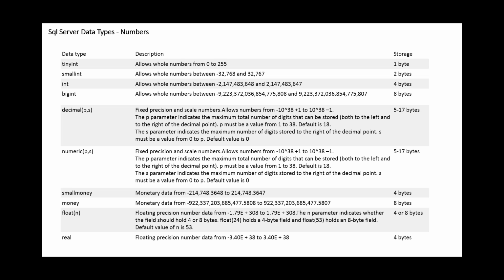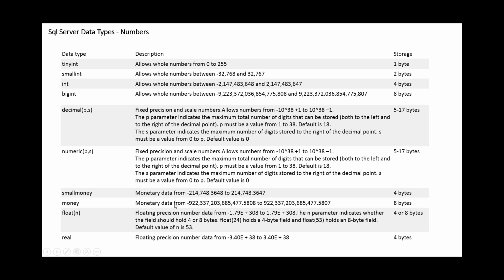The default is 18 here. If you don't define the decimal precision, it will take the default p value of 18. So that's numeric. Smallmoney, so money type values can also be saved into your database, that is the money data type. You can see this one is the same as your integer value.